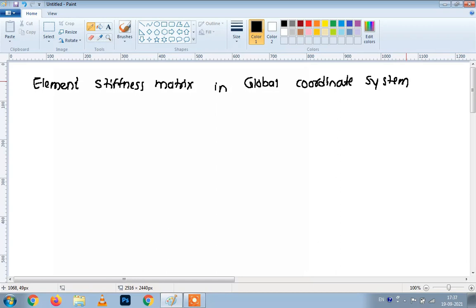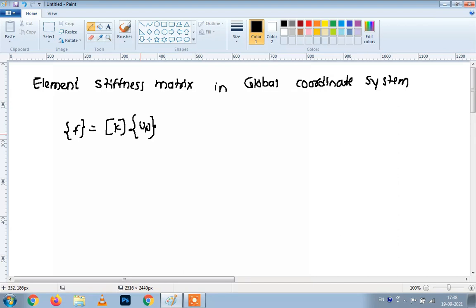Now we have seen the element load vector. We know the relationship, and based on that we have solved many numericals, that F is equal to the stiffness matrix into the nodal displacement vector.